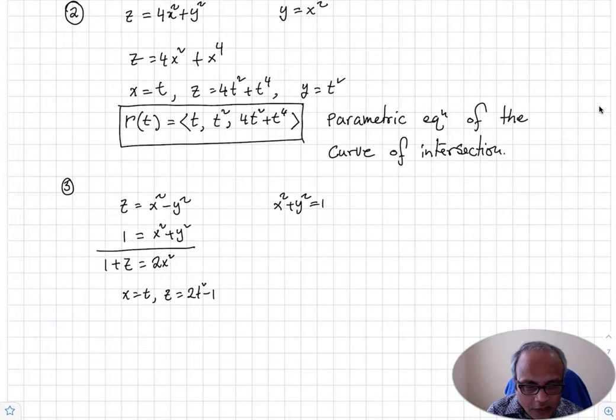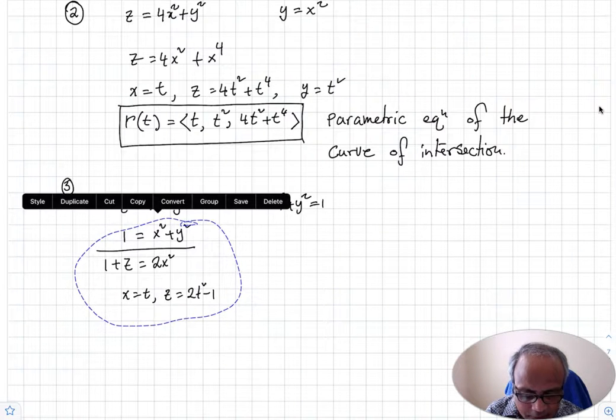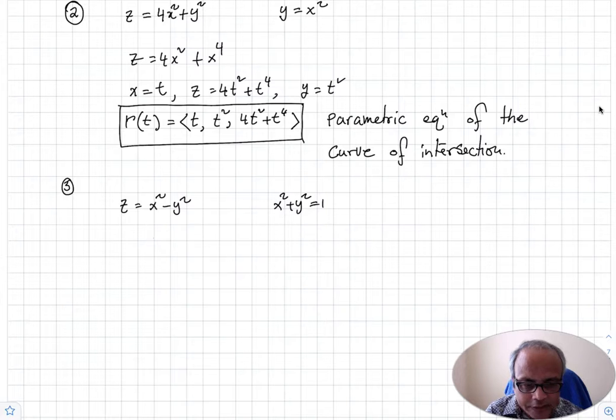So you can solve for y, and then you have to have the square root, which is good, but it's not a problem. It's correct because parameterization is not unique. Every person can have their own form of parameterization. This time, I'm going to look at a slightly different way.